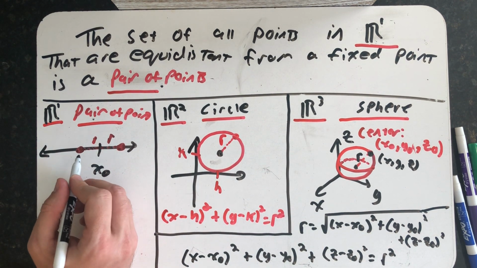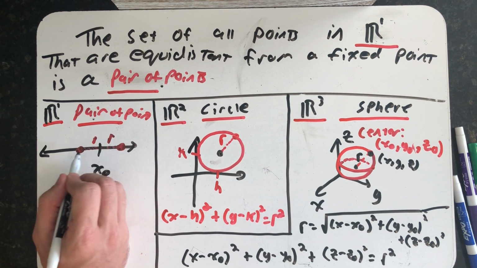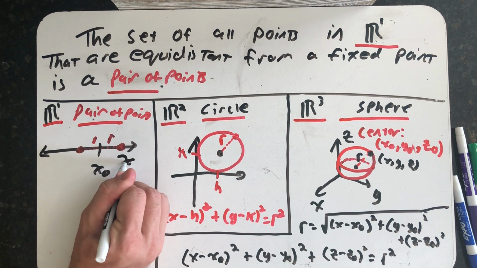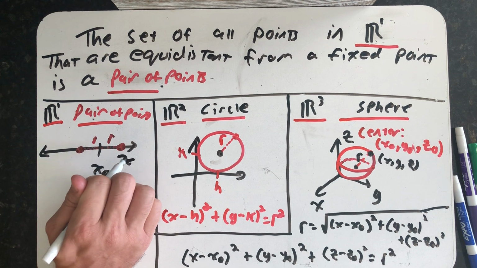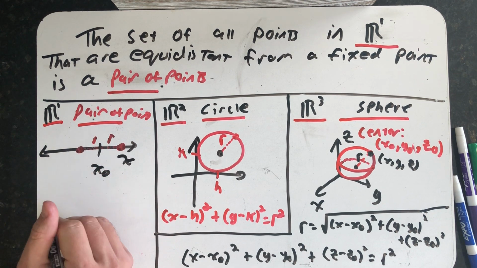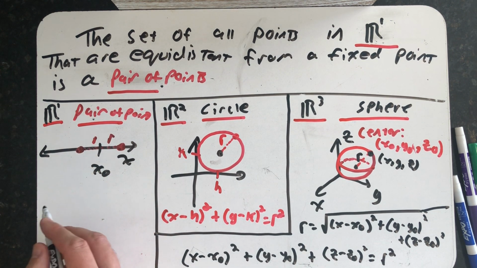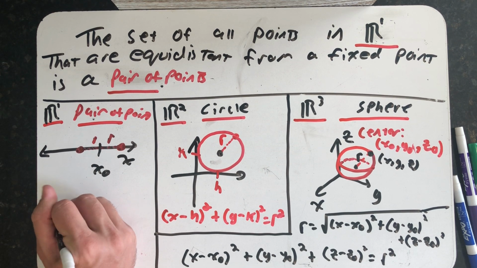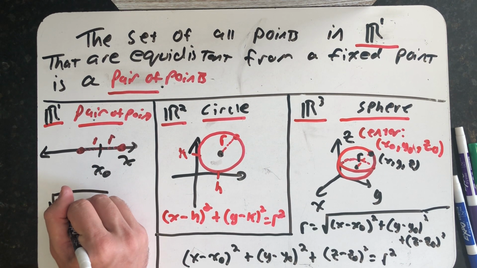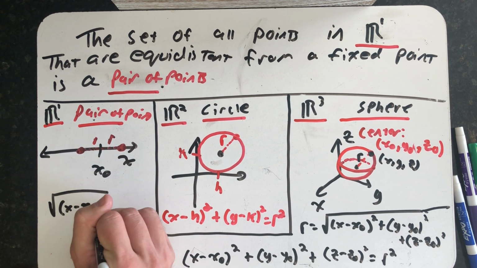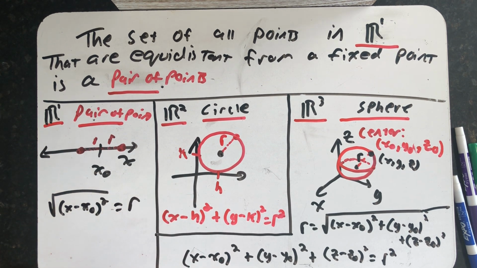Okay, well, let's think about being one of these 2 points. It doesn't matter which one, let's just call it x, right? Because x could be this one or x could be that one. Well, what I could tell you is that the square root of x minus x naught squared is equal to r, which means x minus x naught squared is equal to r squared.